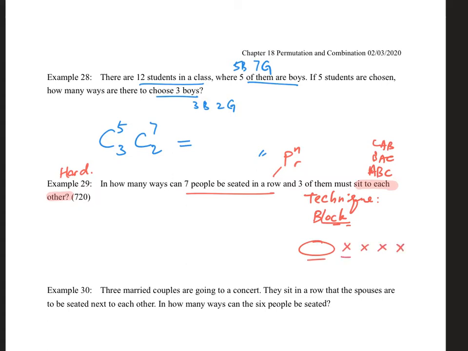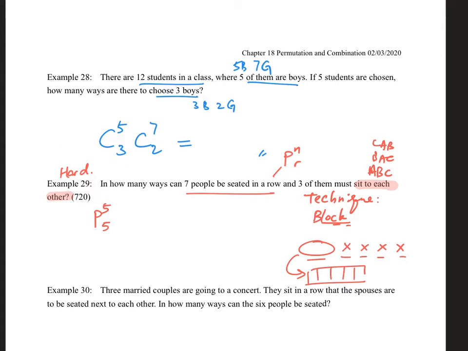That means now you are having 5 items to put in 5 boxes, with order. So that's why it's 5P5 first. Then we settle all the 7 people now.